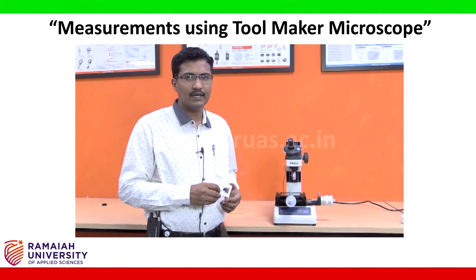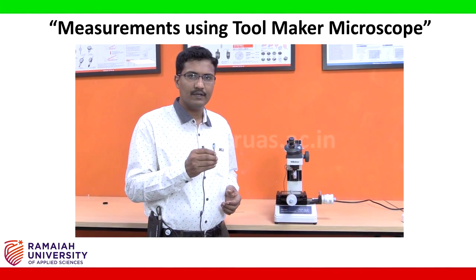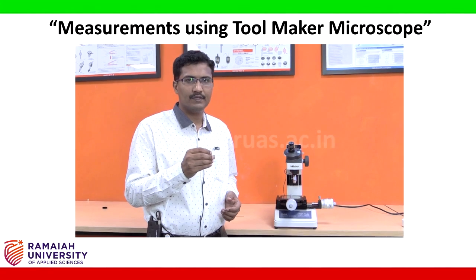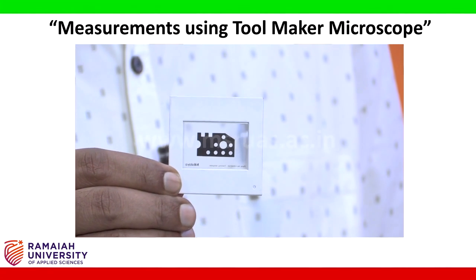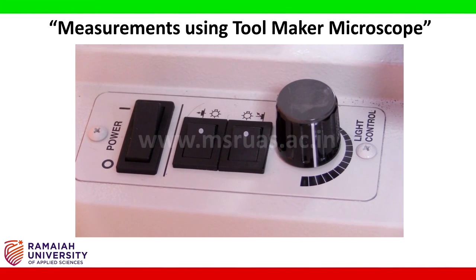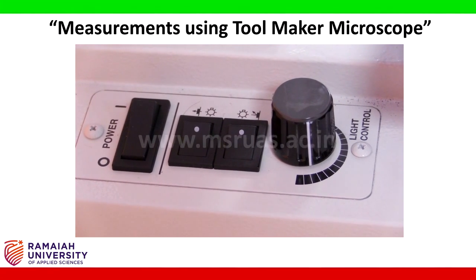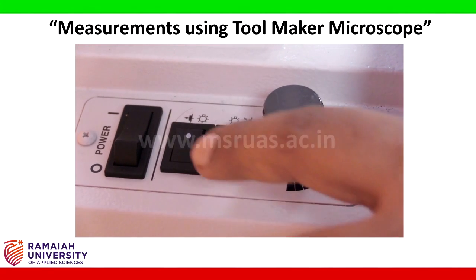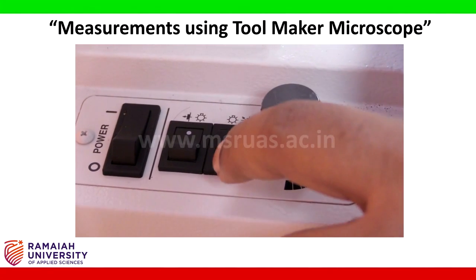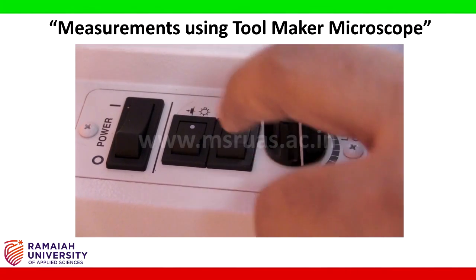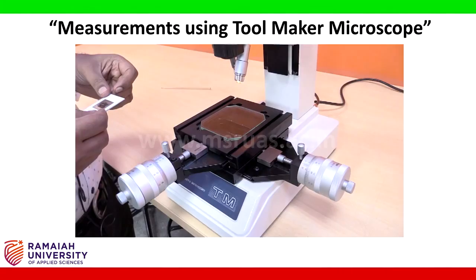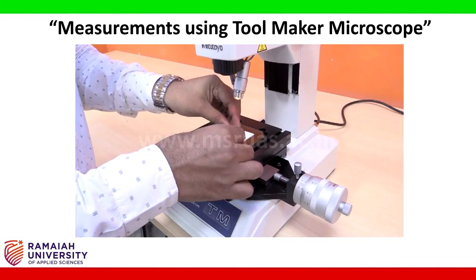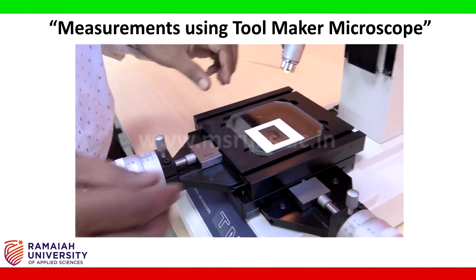Now let us start the experiment and measure the dimensions of this given specimen. The first step in using the toolmaker's microscope is to switch on the power switch, on the contour illuminator, switch on the surface illuminator. The next step is to place the component on the XY stage.